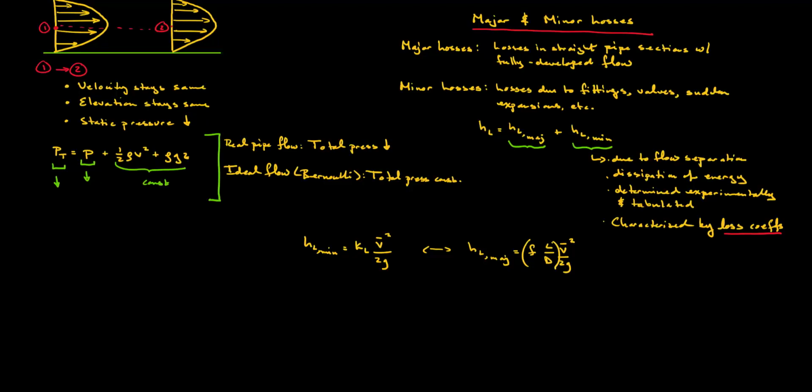And again, this is for a straight pipe section, and this here is minor losses due to fittings and expansions, contractions, etc.